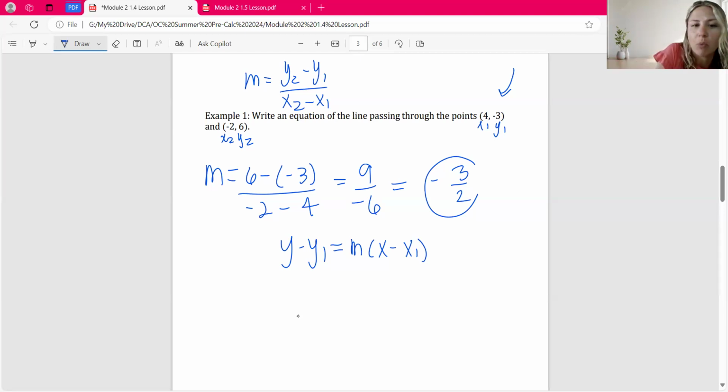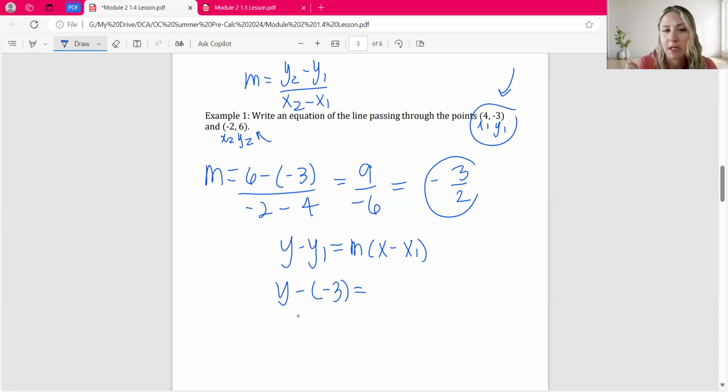So I'm going to leave y as is, and I'm going to substitute y1 and x1. I'll use -3 for y1. Use that point, even though you could use the other point, that's totally okay too. I'll substitute -3 over 2 in for the slope m times x minus x1, which is 4.